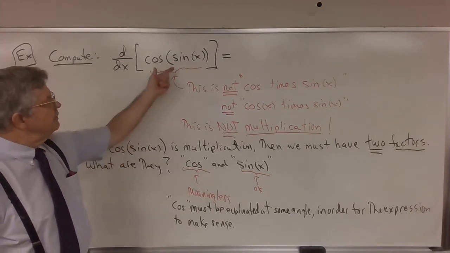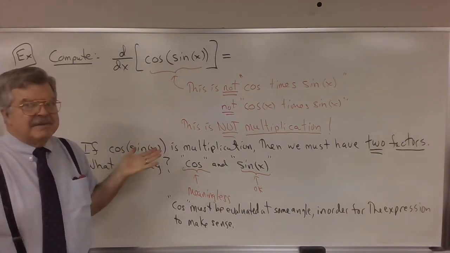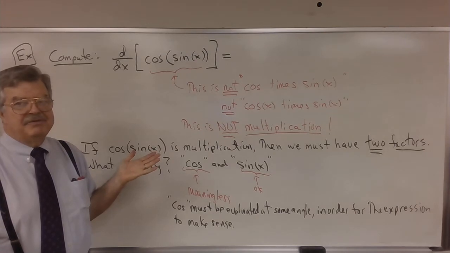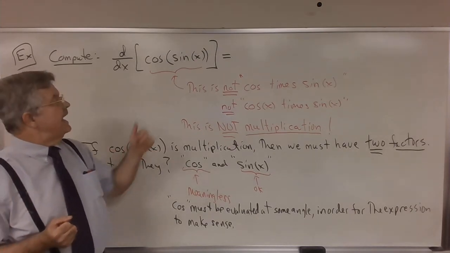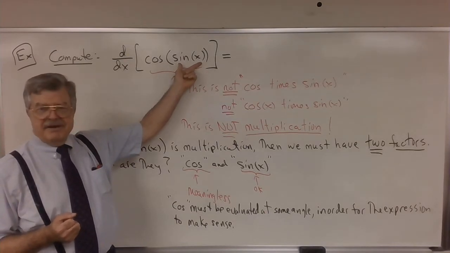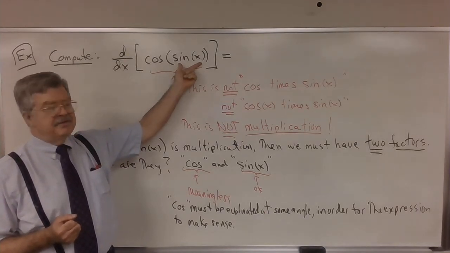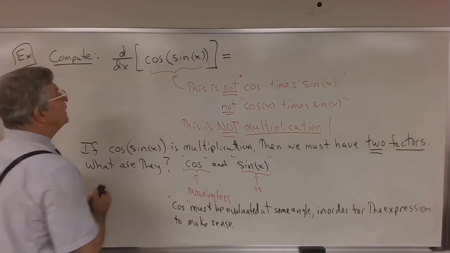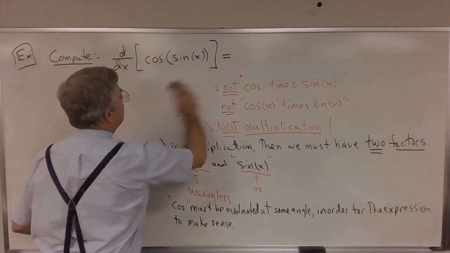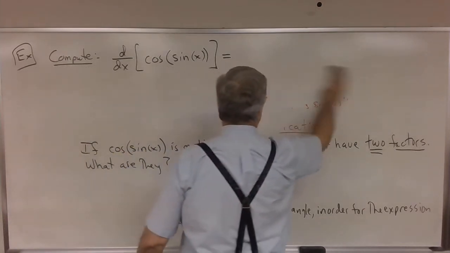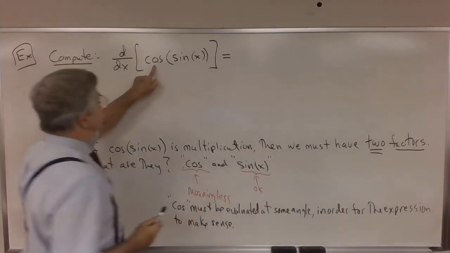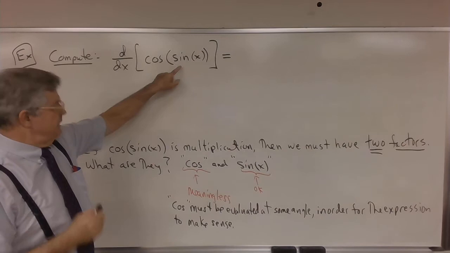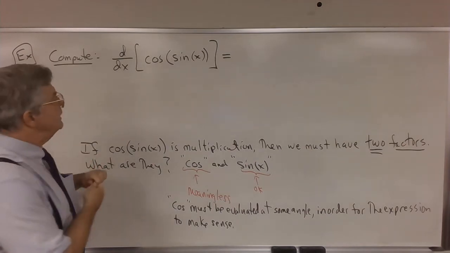Well, in this expression, what's the angle that cosine is evaluated at? The angle is whatever appears in this set of parentheses here. Cosine has to be evaluated at an angle. So guess what?